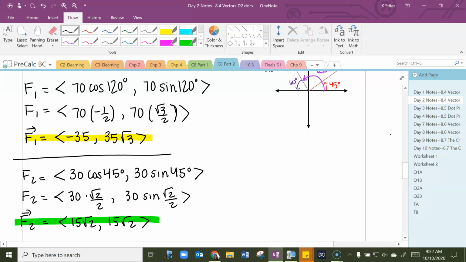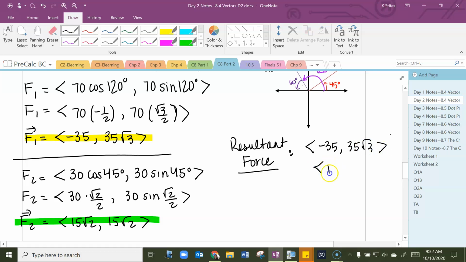All right, so now how do we find the resultant force? All you are going to do is add these together. You can even add them just vertically. So there's vector 1 or force 1.